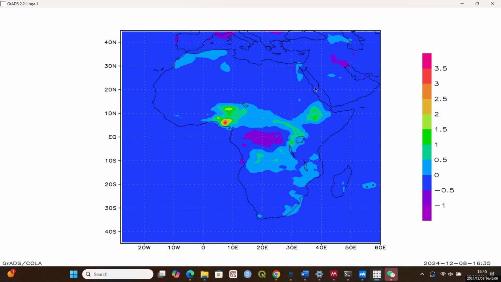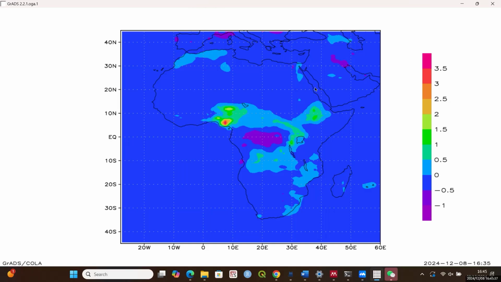Okay, so in short, you can imagine you want to check the bias between your forecast and your observed, or your model and your observed. So this is what we have done. We can see that where there are positive values, it means your forecast is overestimating those values.